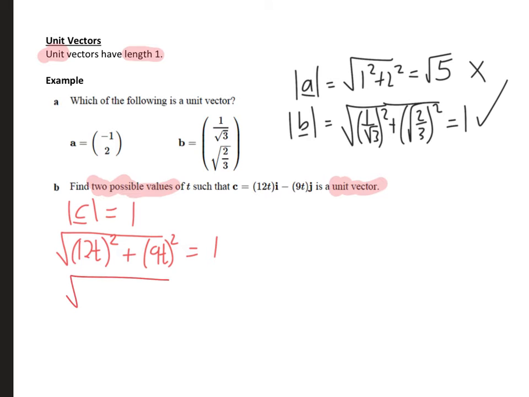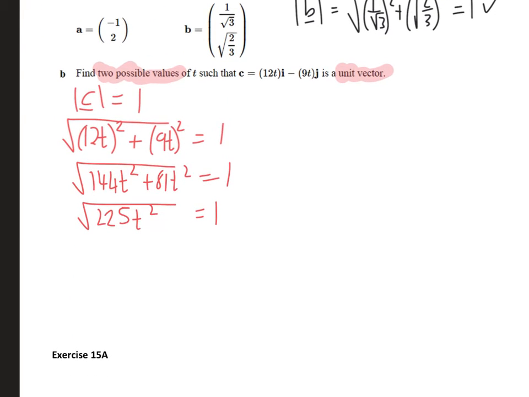And I can just simplify it, so I get the square root of 144 t squared plus 81 t squared equals 1. I can keep simplifying it, so 144 add 81 gives me 225 t squared is 1. Then if I get rid of the square root by squaring both sides, I get 225 t squared is 1.